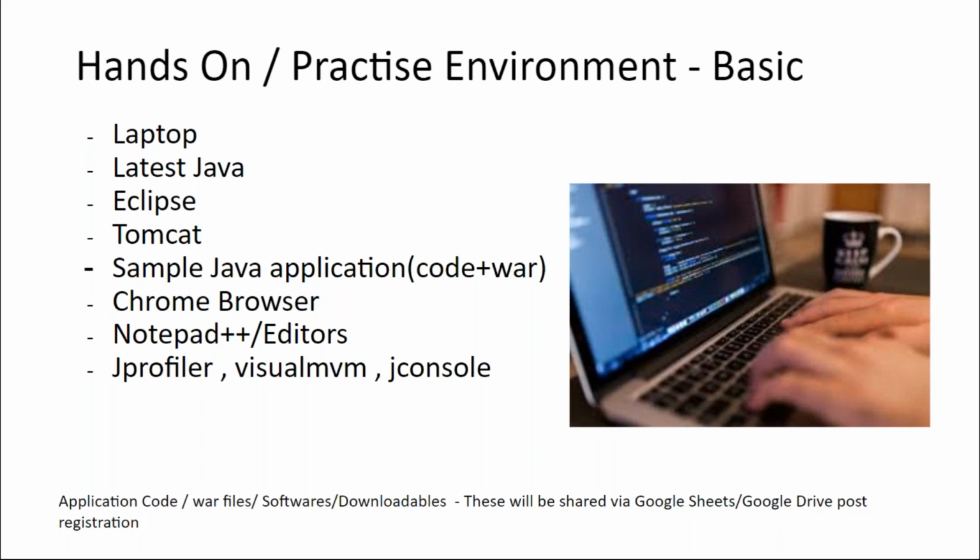You just need to have your own laptop or workstation with the latest Java and Eclipse, Tomcat, where you can deploy the Java application which I'm going to give, a Chrome browser, probably Notepad++ or some other editor, and a few tools to start with: JProfiler, VisualVM, JConsole. A few things you can download directly. I'll provide you the URLs from where you can download all these tools, and tools like AppDynamics you can set up on your own in the cloud. Okay, so at a minimum, you need to have these things.